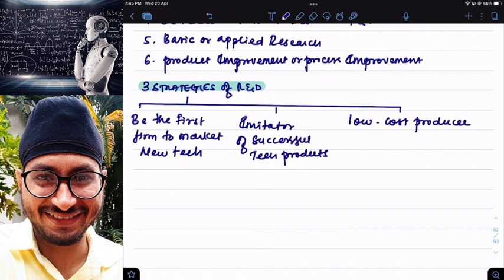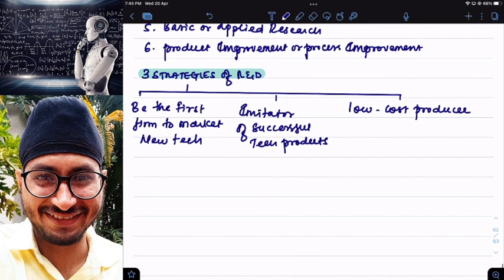Here I can be a market follower or imitator, or produce low cost goods similar to my competitors' goods. These are the things to keep in mind with respect to R&D strategy.